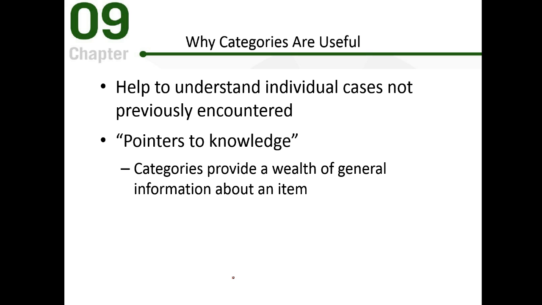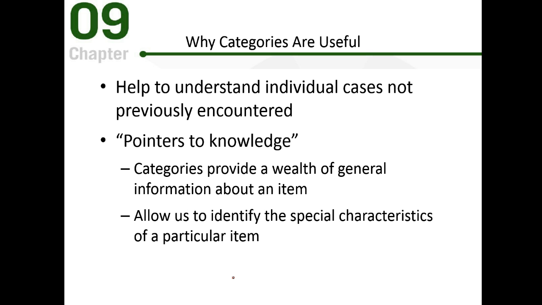That's because categories provide a lot of general information about a particular item. But they also allow us to identify the special characteristics of a particular item. Taking a look at this first point, we have a lot of information about a particular item.